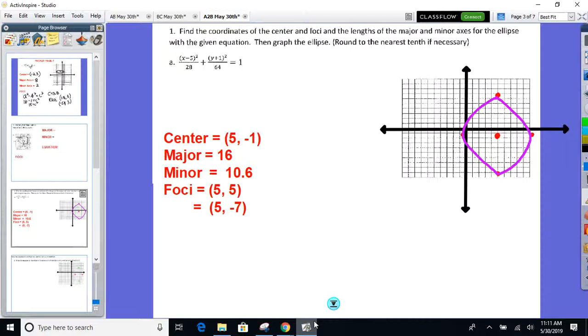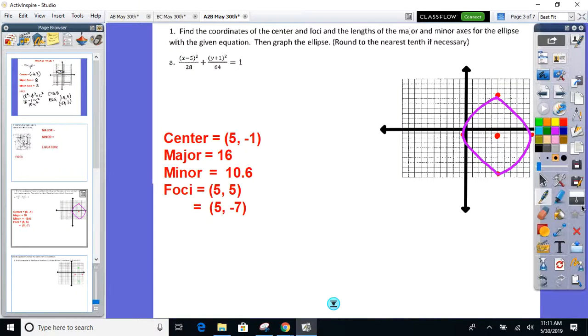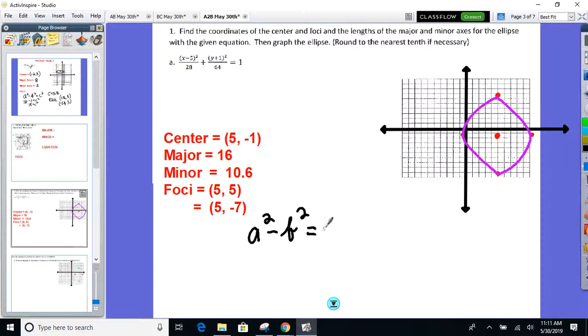Foci? Okay, you've got to find the distance it is away from the center first, and you use a squared minus b squared equals c squared, right? These just come directly from the denominators. You don't square them. So 64 minus 28, I think that's 36, right? Okay, so the distance is 6.